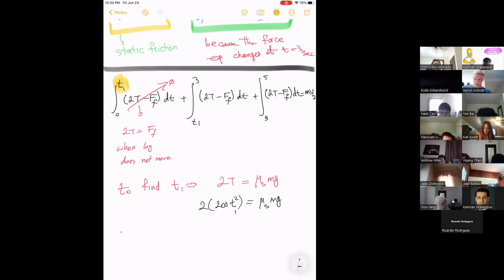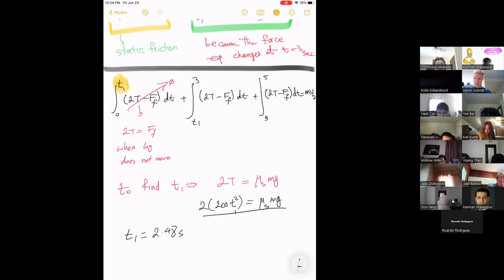And therefore, you guys give me the time. How much is T1? Calculate it from here. Mu s is 0.5, m is 500. You have the rest. Give me the time. 2.48 seconds. How much? 2.48.